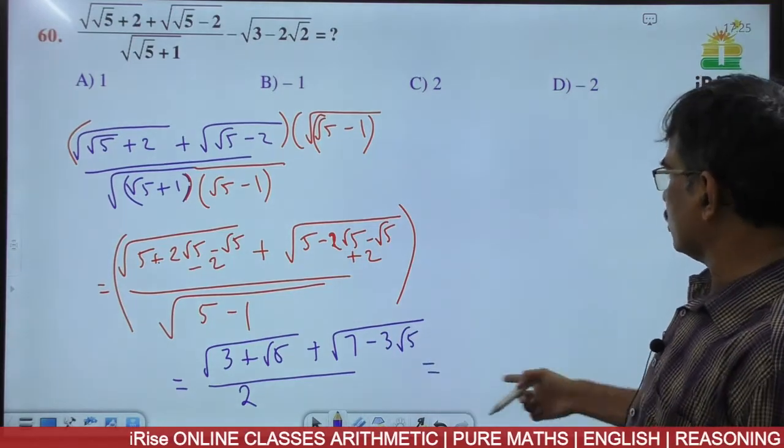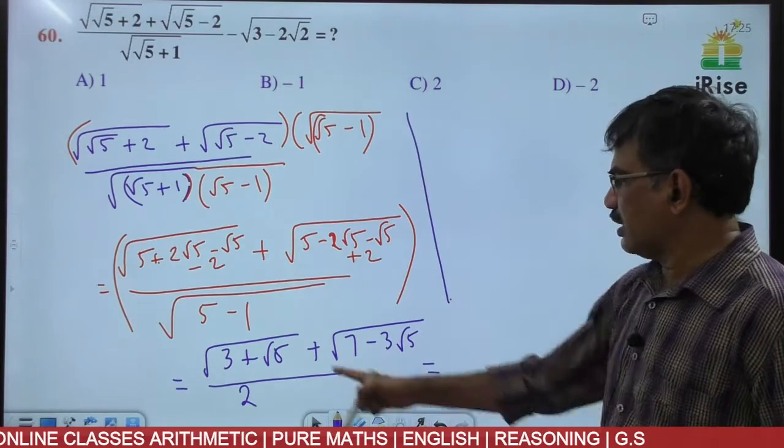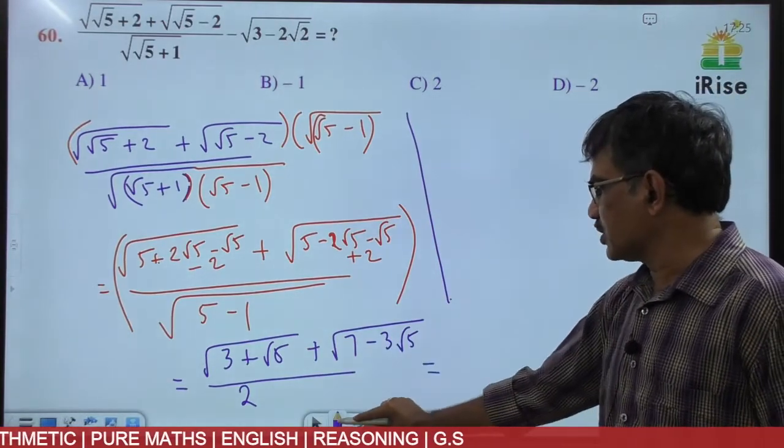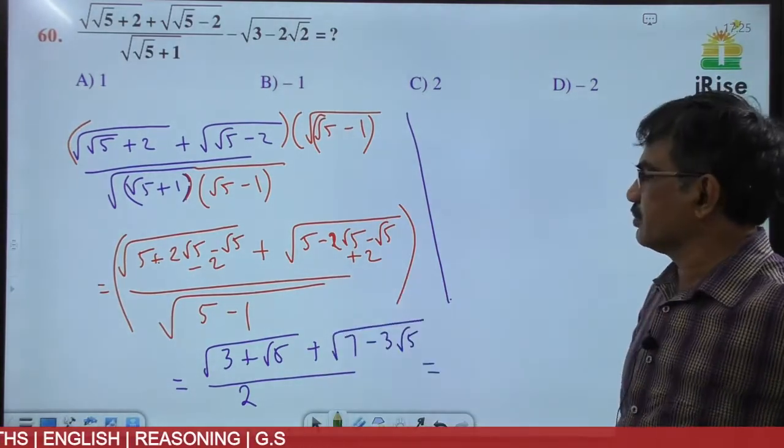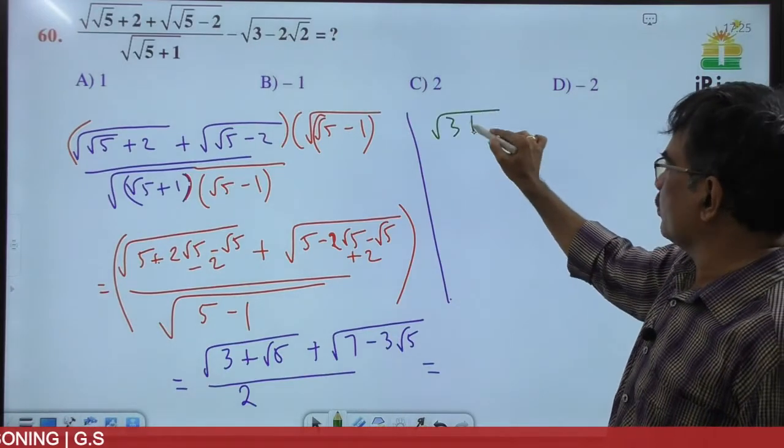To solve this question, I want to find the square roots of these two numbers. What is the square root of 3 plus root 5?